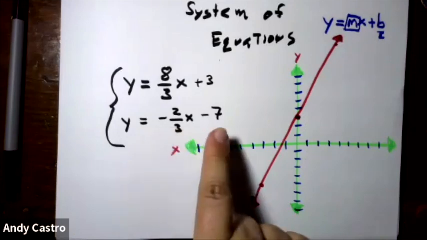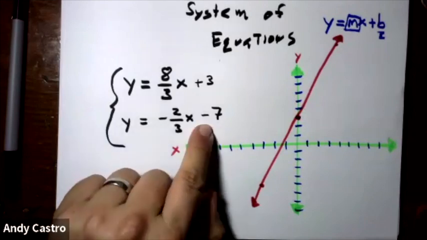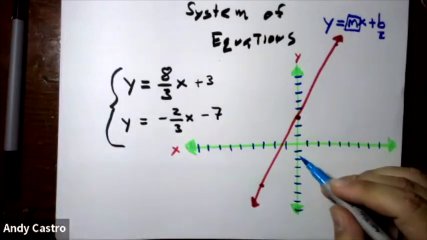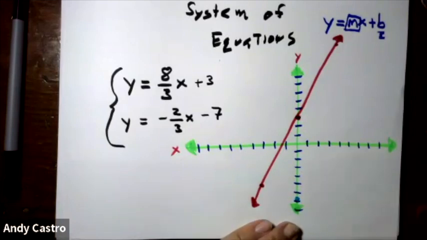Now let's graph the second one. Let me choose a different color here. This y-intercept is negative 7, so that's going to be way down here.